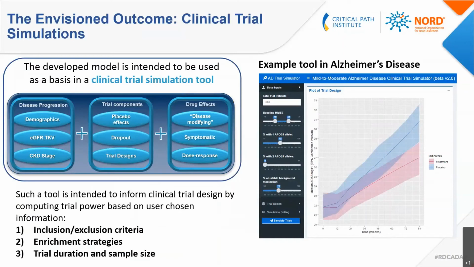A clinical trial simulation tool essentially has three components as seen in this schematic here. It has a disease progression component, which is represented by the model I just showed you, but it also has other components that are relevant for clinical trial design, such as trial components, which is the way in which we can actually incorporate things like placebo effects or patient dropout or different trial designs as it relates to the disease progression model so that it can better inform decision-making for trial design.